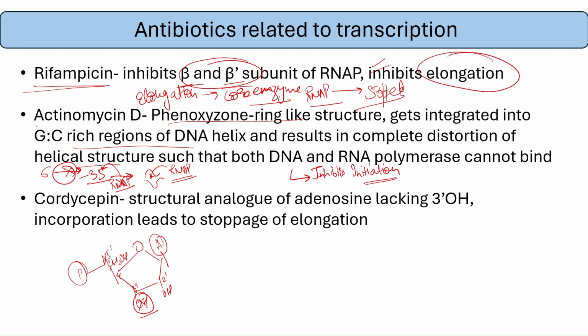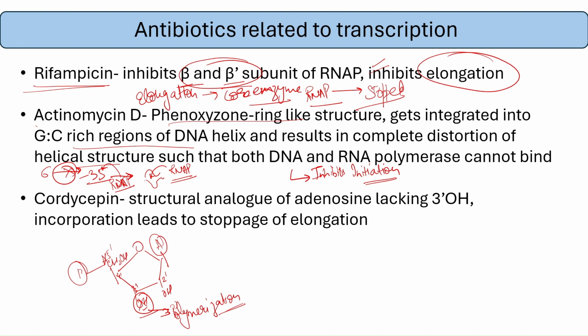So this OH is basically important in nucleophilic attack. For polymerization, this particular OH is very important. So if this OH is not there, the polymerization cannot happen.